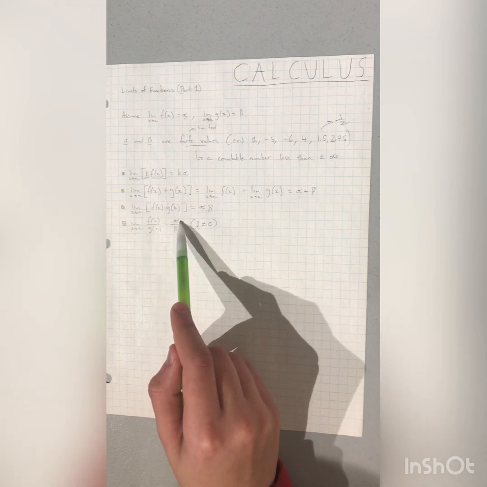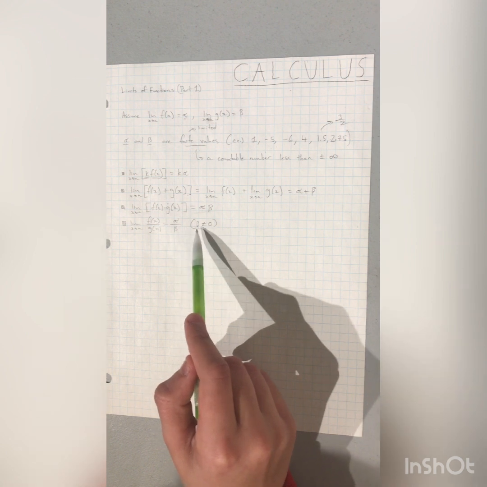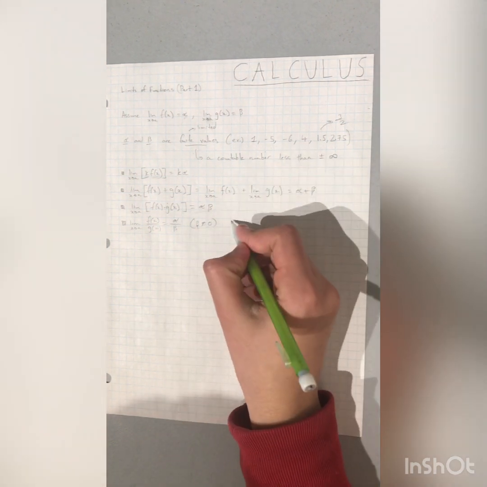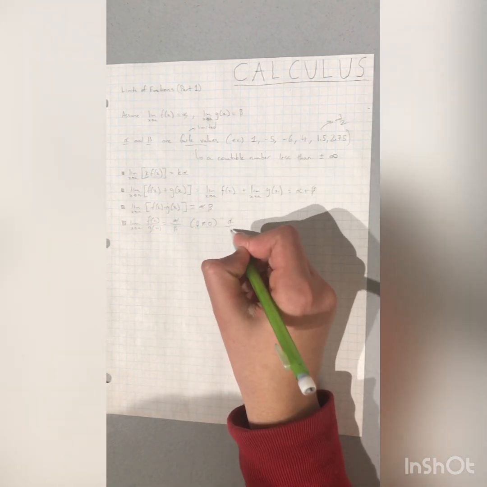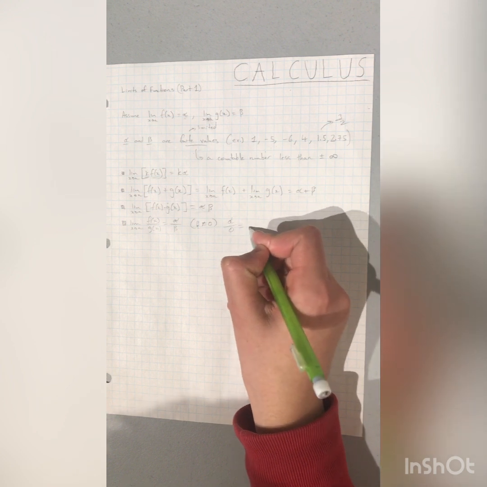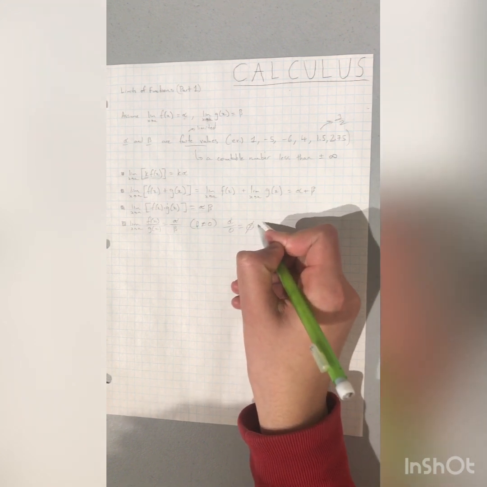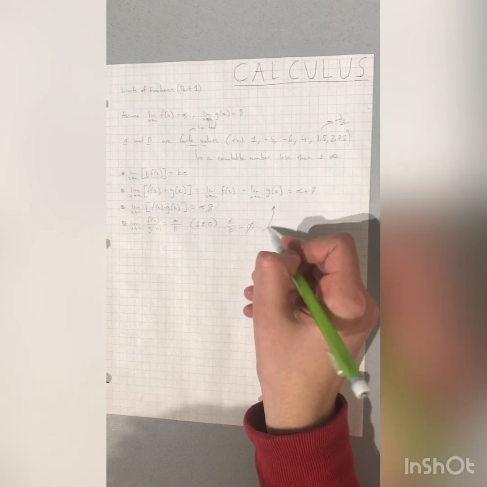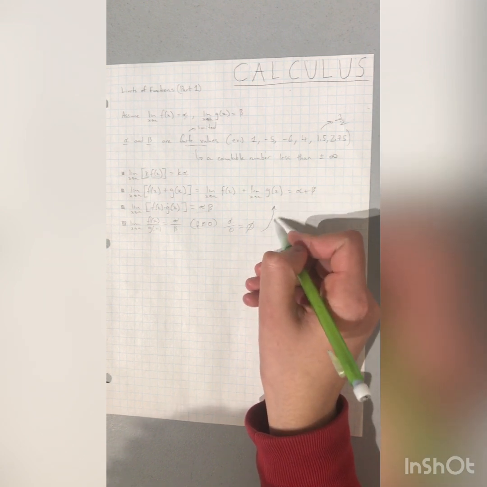So it would be alpha over beta. Know that beta should never be 0, since if beta is 0, it would be an undefined number, since it would go up to infinity and never come down, or never become a finite value.